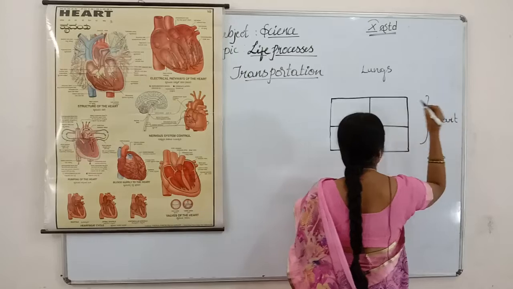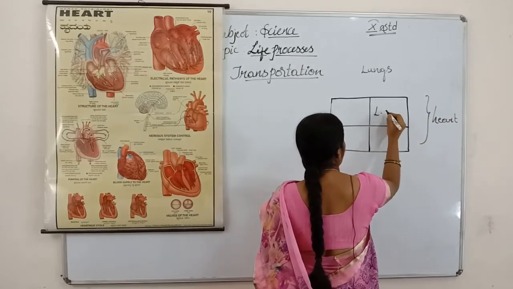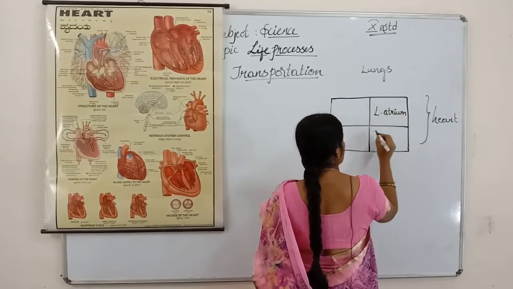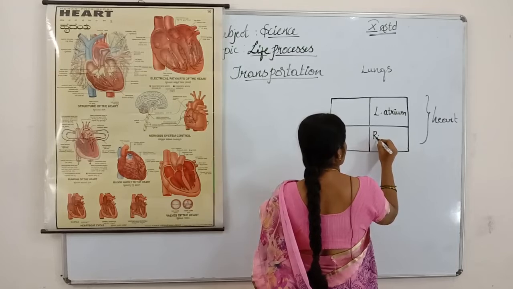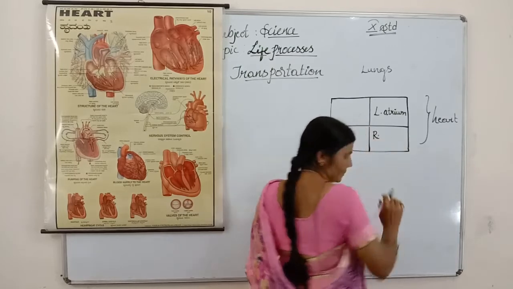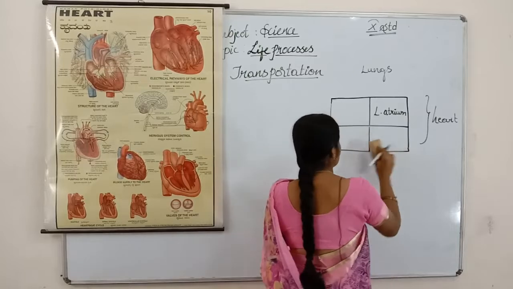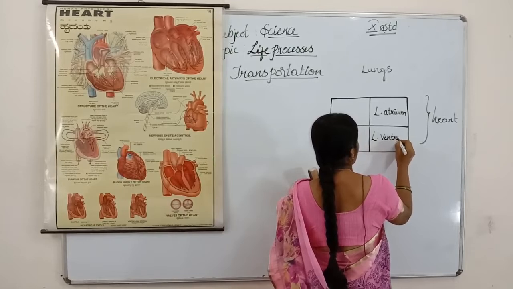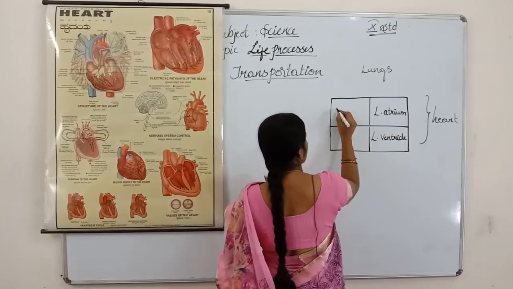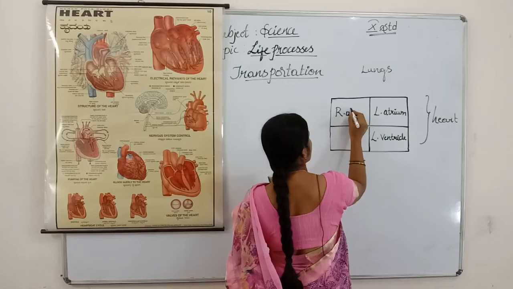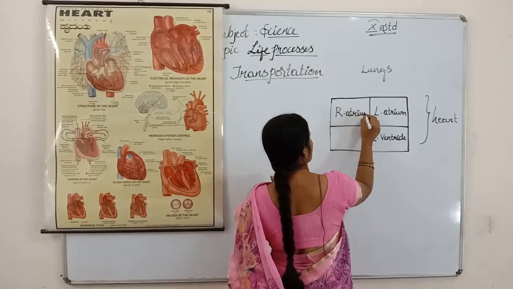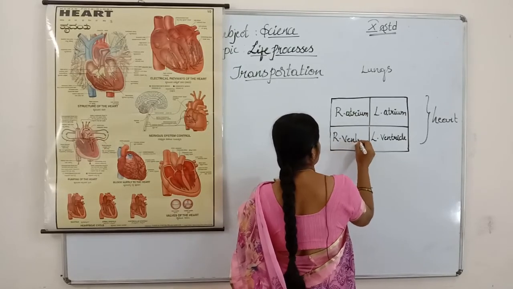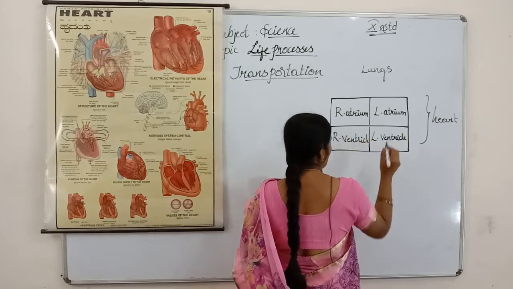Just for you to understand, left atrium, this is right, this is left ventricle. Here right atrium and right ventricle. These are the 4 chambers.